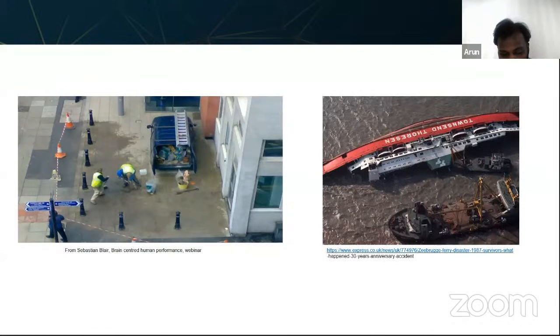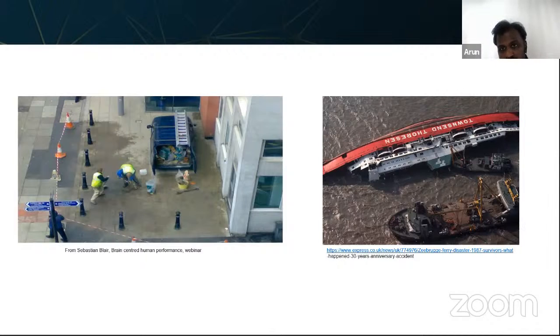For example, I would like to bring up this incident which happened in 1987. It's called the Zeebrugge incident, where a ferry capsized because of a human error. After the investigation, they found the main cause of this sinking: the operator in charge of closing the bow doors of the ferry forgot to do that.